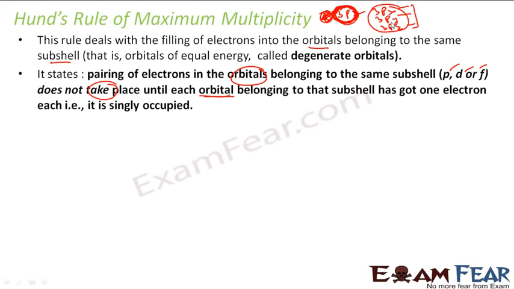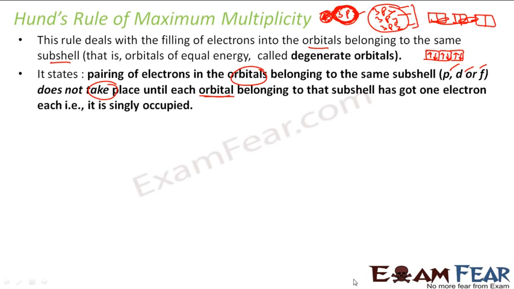For example, here there are three orbitals, 3px, 3py, 3pz. I'll put one box for px, one for py, one for pz. It says that first one electron each will come in all these orbitals. Once it is half filled, only then will the second electrons come.